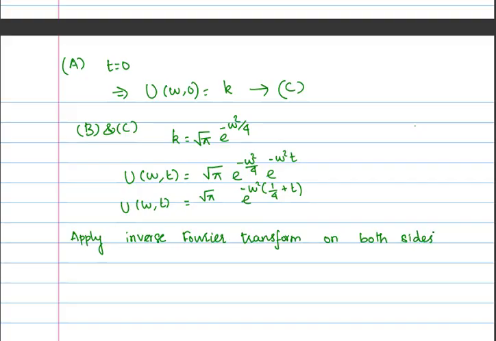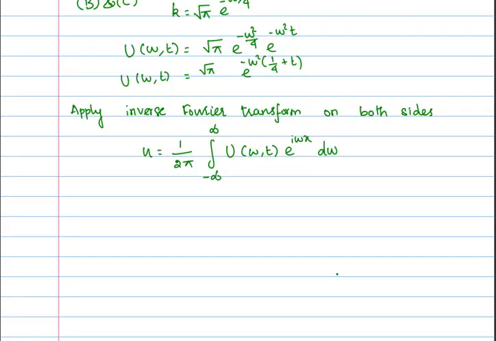So, apply the inverse Fourier transform on both sides. Then small u equals, what is the definition? 1 over 2 pi, integral from minus infinity to plus infinity of capital U of x comma omega comma t times exponential of i omega x, integrated with respect to d omega.